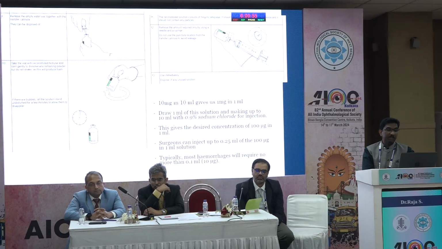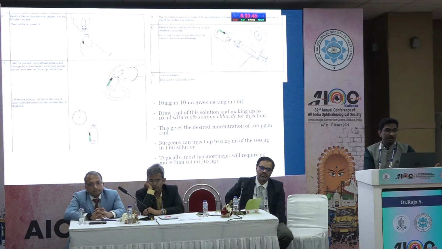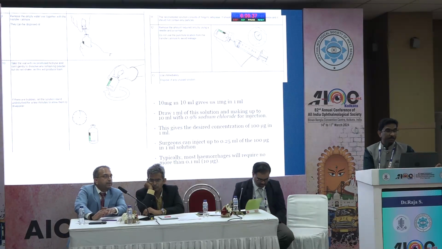That gives us 1 mg in 1 ml, and take 1 ml of this and make it up to 10 ml using sodium chloride, which gives us a concentration of 100 microgram in 1 ml. And we can inject up to 0.25 ml of this 100 microgram in 1 ml solution.